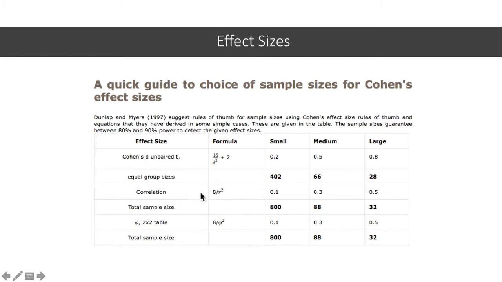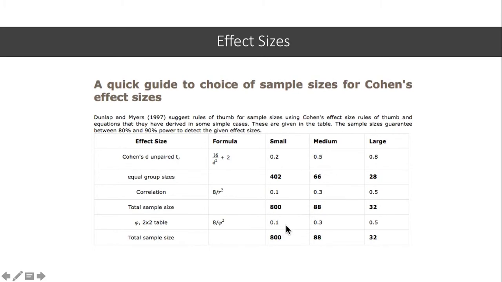If we're looking at correlations, the cutoffs are 0.1, 0.3, and 0.5. Same thing. For a very small correlation we're looking for, you would need 800. In contrast, for a large effect size, you only need 32. If we look at a 2x2, say a contingency table, same thing.